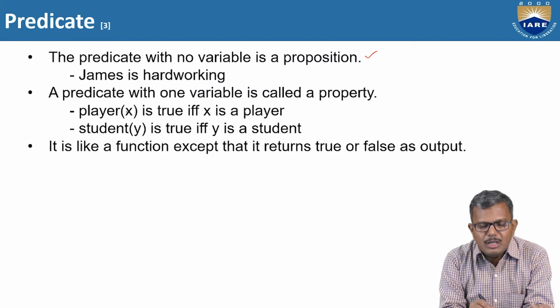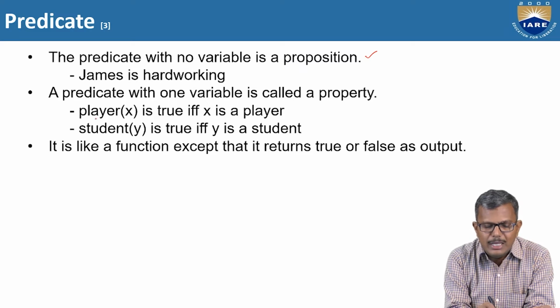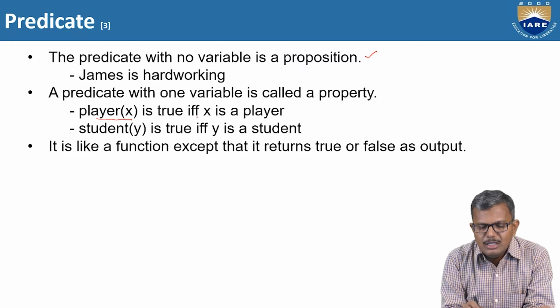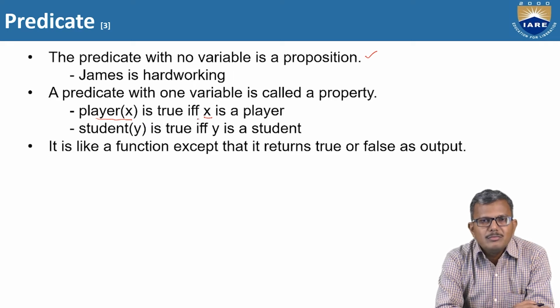A predicate with one variable is called a property. For example, you see player X. If I say player X is a predicate, what happens here? This statement is going to give us true when X is a player. Then only you are going to get true for this predicate.